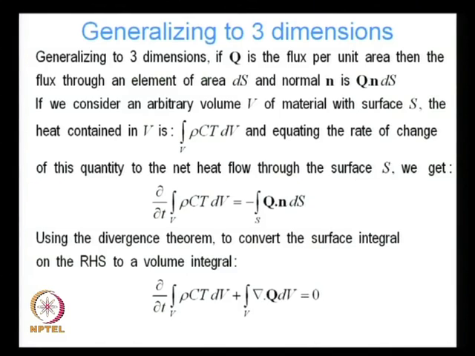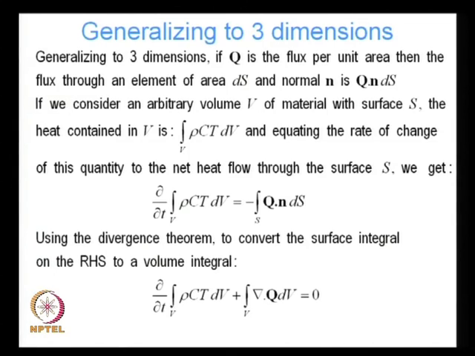Next we consider an arbitrary volume V of material with surface S, and the heat contained in that volume is again given by the integral over V of rho C_t dV, like we had earlier with rho C_t dx integrated from x1 to x2.